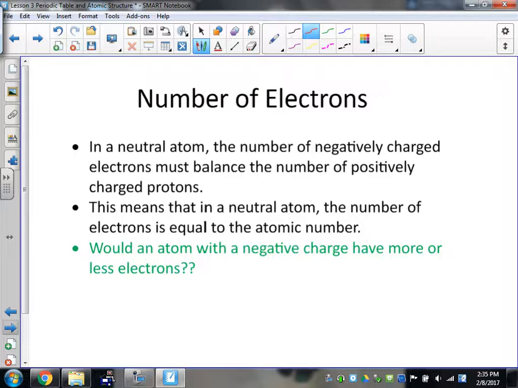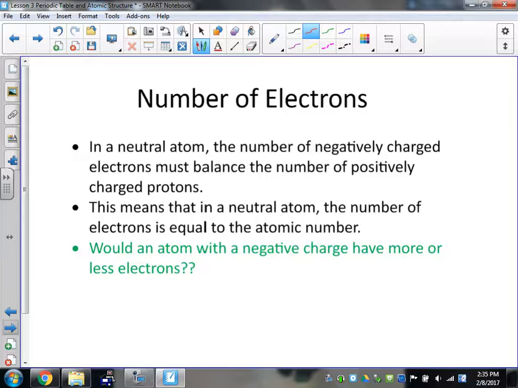Now, this means that in a neutral atom, the number of electrons is equal to the atomic number as well. Here's a question for you: would an atom with a negative charge have more or less electrons? Think about that for 1 second.